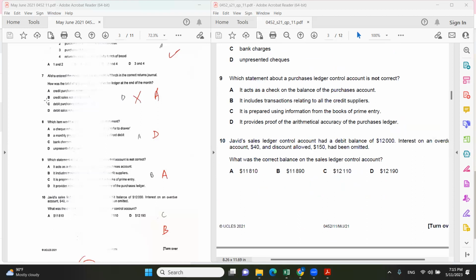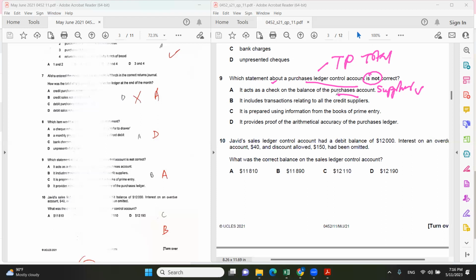Okay, question 9. Which statement about a purchaser's ledger control account is not correct? The purchaser's ledger control account is just like the trade payable, but they say not correct. It acts as a check for the balance of the purchaser's account. Purchaser's account is to record individual credit suppliers. This is to record the total. This is to record the individual. So this is not correct.